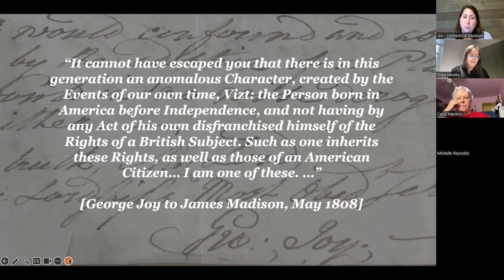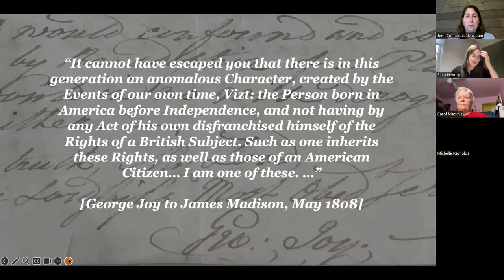He writes to James Madison in 1808, quote, "It cannot have escaped you that there is in this generation an anomalous character created by the events of our own time, namely the person born in America before independence and not having by any act of his own disenfranchised himself of the rights of a British subject. These rights were inheritable, as well as those of an American citizen, and it was better to allow in such the privilege of both than to agitate the question, which he insisted would presumably die away with the present possessors."